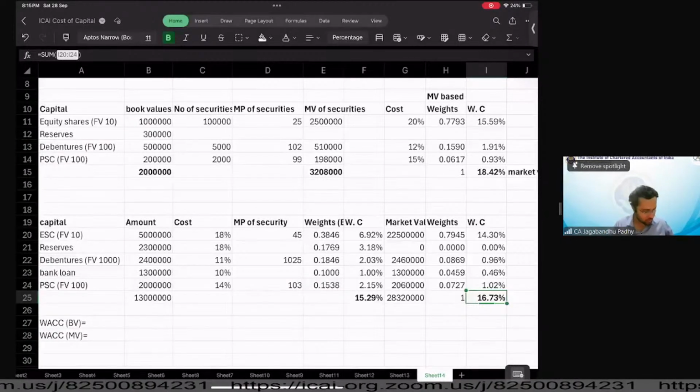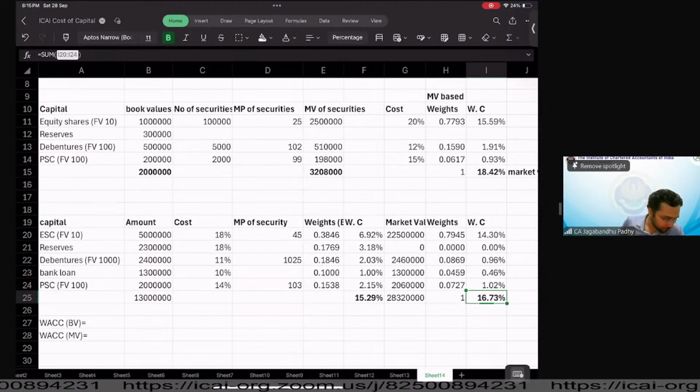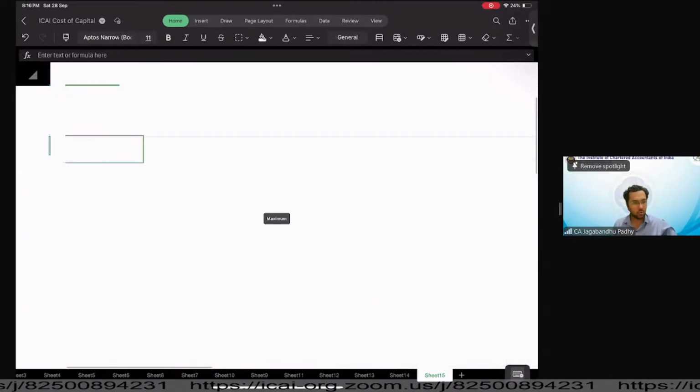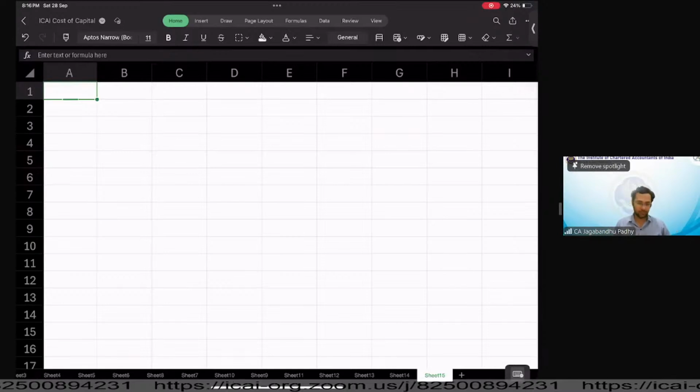Yes, it's okay. 16.72. Okay. Approx 16% around you may get. Some difference may be there here or there. That's okay. Okay, let me just do one last question, guys.